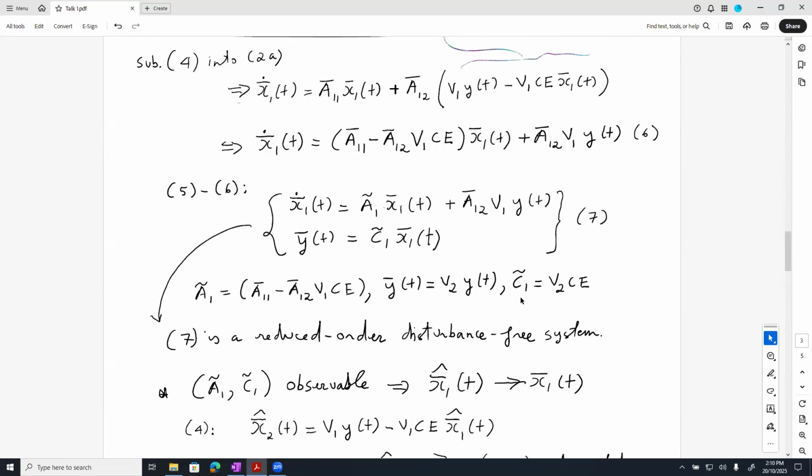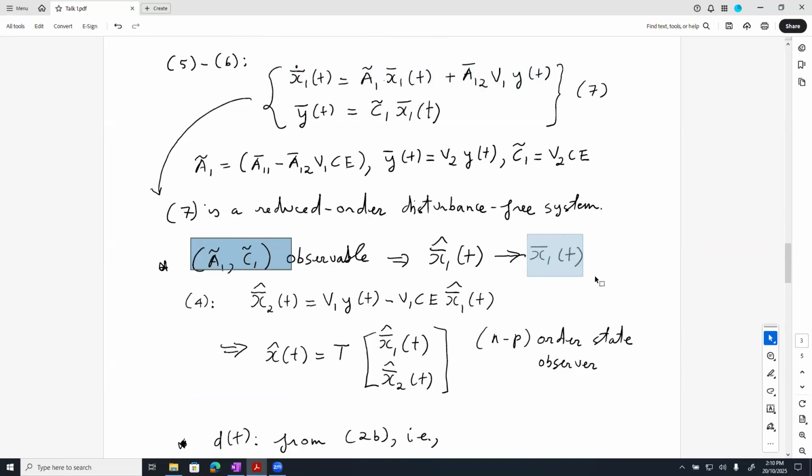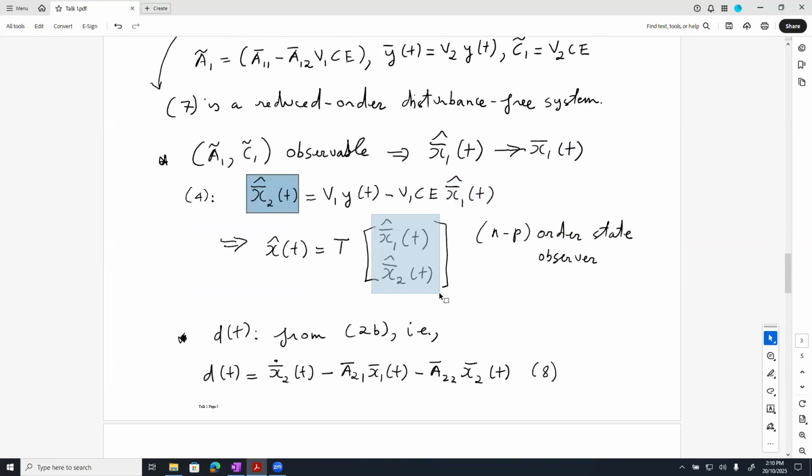And it can be done in a very simple and easy way. So we basically obtain a disturbance-free reduced order system. And if the pair is observable, we estimate this reduced order vector x1 bar. And based on that, we can reconstruct x2 bar hat. And as a result, the entire vector x bar of t can be estimated. So this is based on the Hou and Müller method.